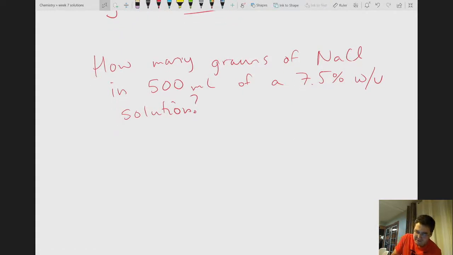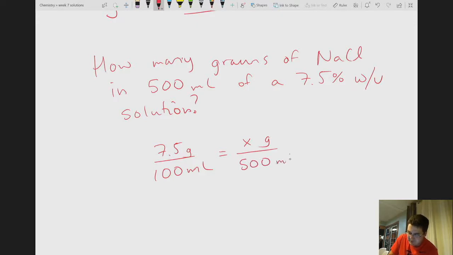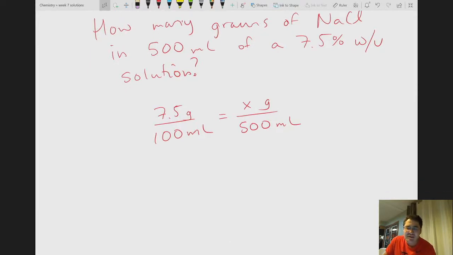The way you'd set it up is you'd say 7.5 grams out of 100 milliliters, there's our 7.5%, is equal to X grams over 500 milliliters. So there's our proportion. 7.5 out of 100 is the same as something out of 500. You cross multiply and divide.